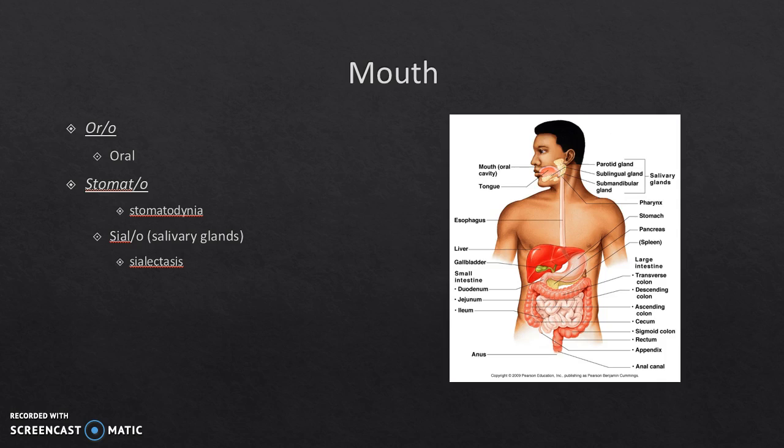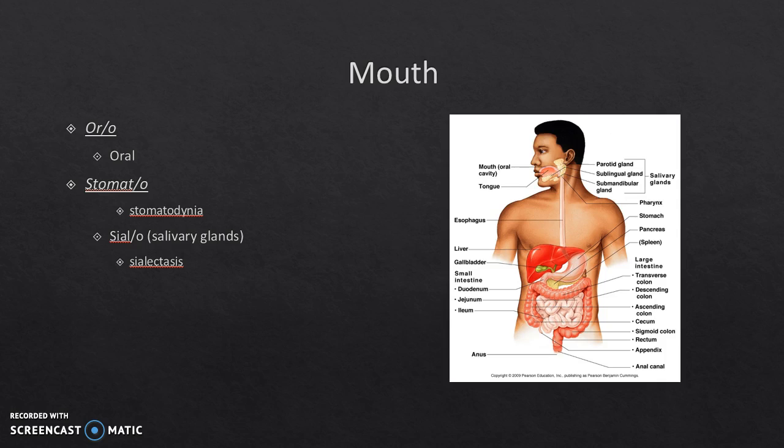So as far as things that you need to pay attention to this week, of course, as I said before, and some people got fouled up on this, anytime you've got a word like mouth that has multiple root words, they're going to quiz you on it. So you need to know and be prepared for that. There's two roots and combining forms for mouth, and that's oral and stomato.